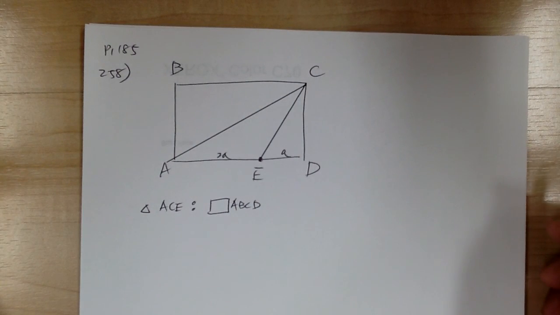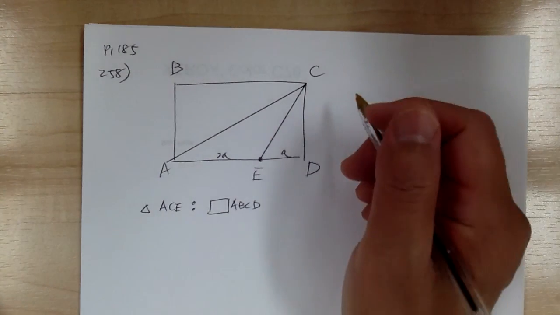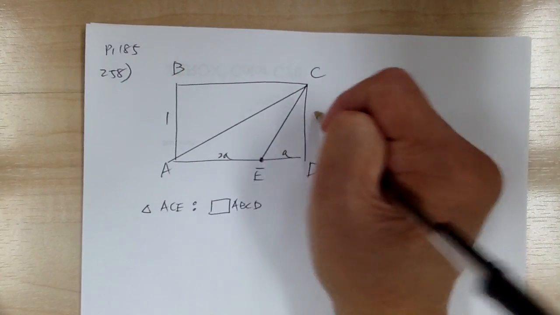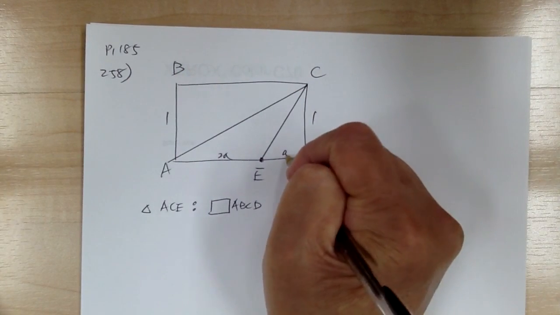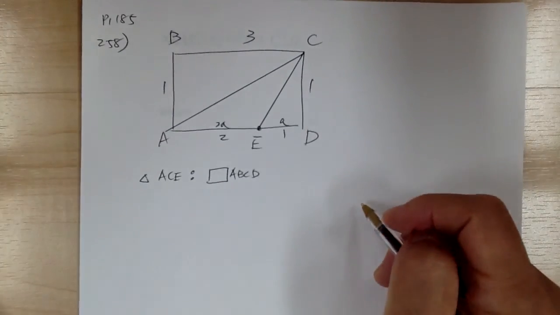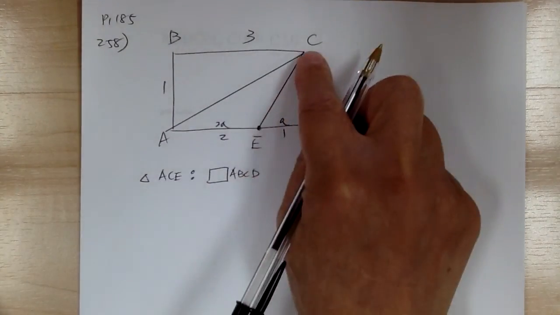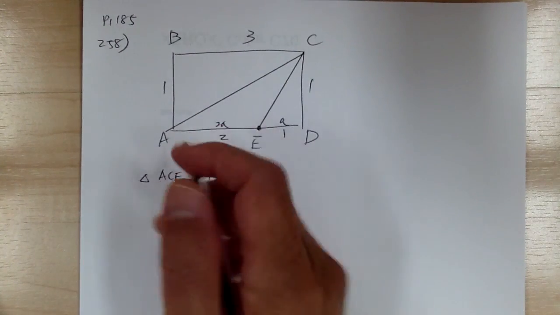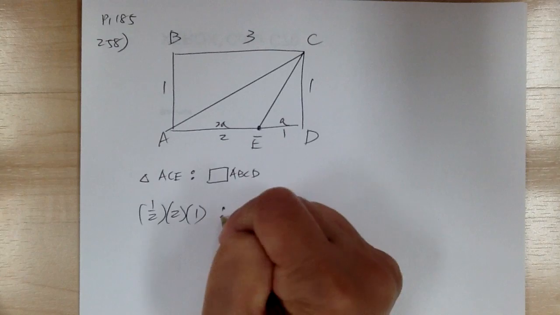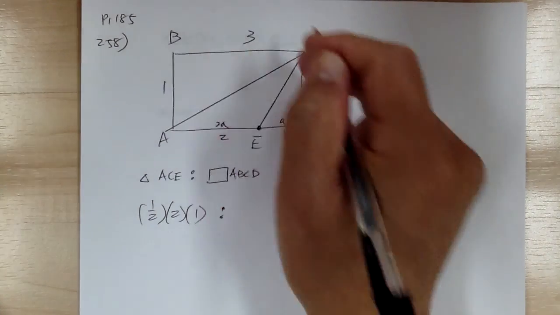Again, since you're dealing with ratio, you can just put in a number, as long as you keep the correct ratio. So you can go ahead and assign 1 to here, and since it's A and 2A, you can call it 1 and 2, so this would be a 3, okay? So the triangle area ACE would be 1/2 base times height, and the rectangle would be 3 times 1.